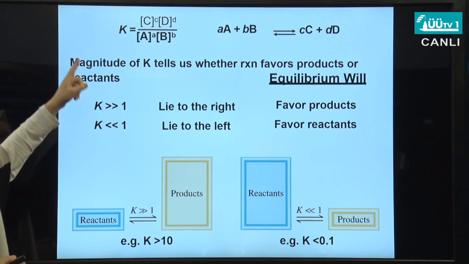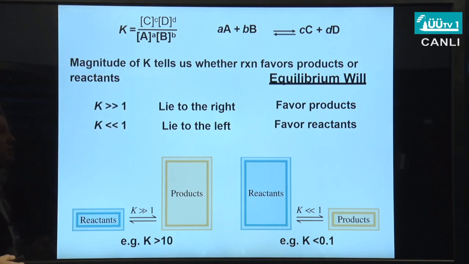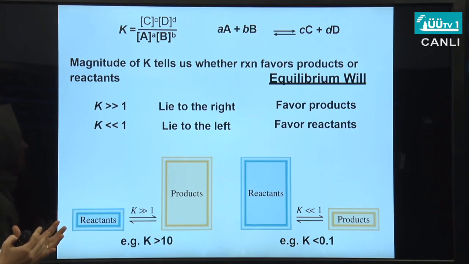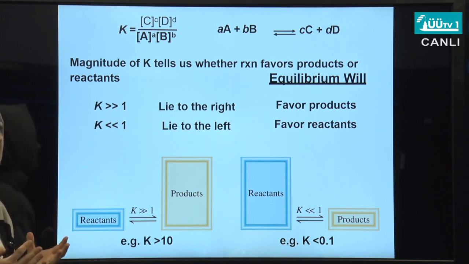And you see here, for the general case, we can also write the equilibrium constant like this. And so the value of the equilibrium constant is important. It tells us which side the reaction favors. And at this point, I will mention that we do not include any unit in the value of the equilibrium constant, because the value of the equilibrium constant is of importance for us.